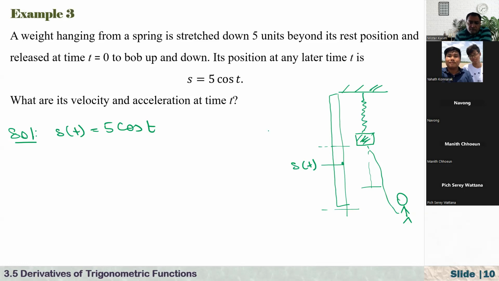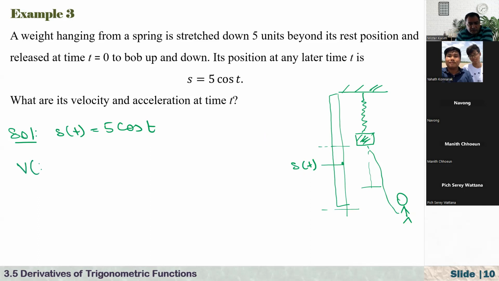So the question is, what is its velocity? In the previous section, we studied that if you're given a position function and you differentiate it, its derivative gives us the velocity of the particle. If you differentiate one more time, it gives us the acceleration.